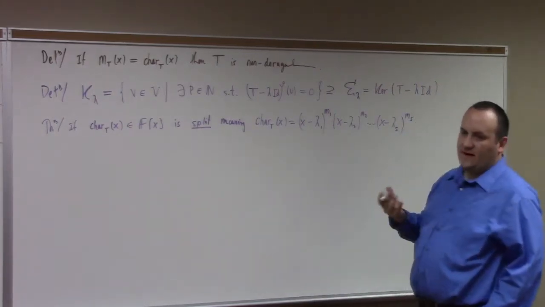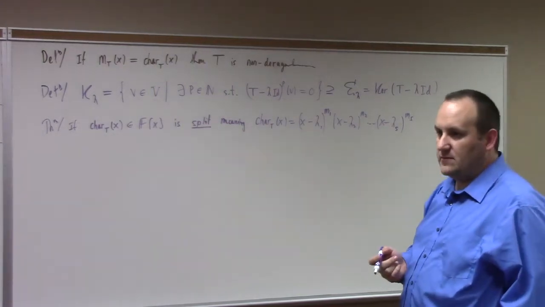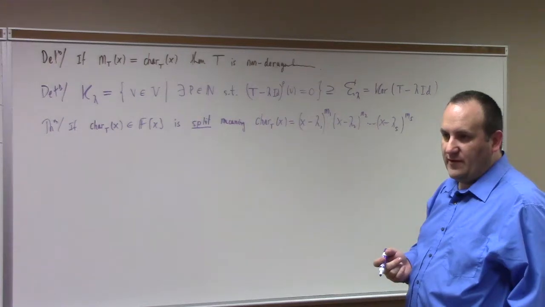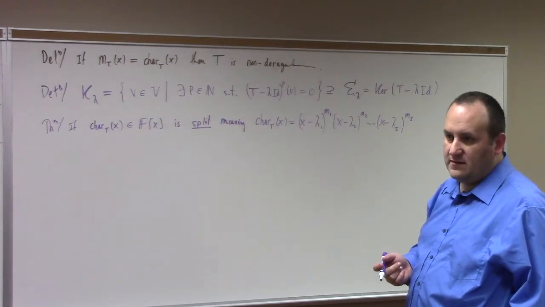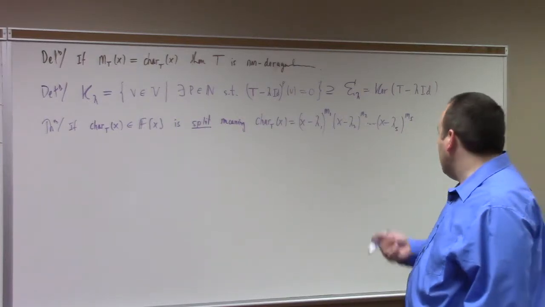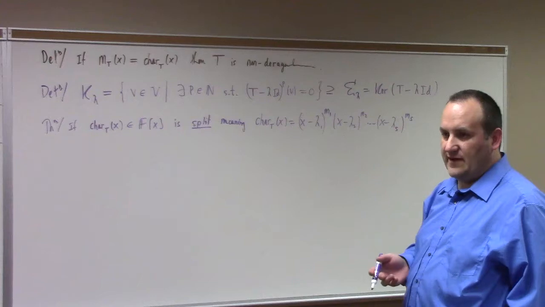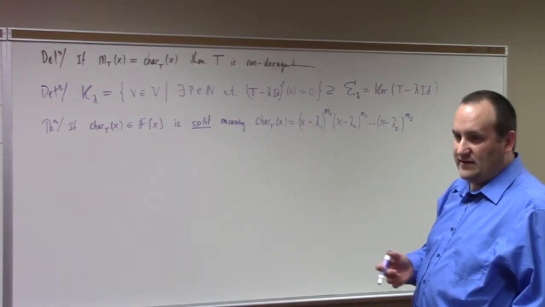So in other words, we can factor the characteristic polynomial into a product of linear factors, possibly repeated. Here I'm assuming that these lambda 1 through lambda s are distinct for the sake of our discussion. In this context, you can prove.